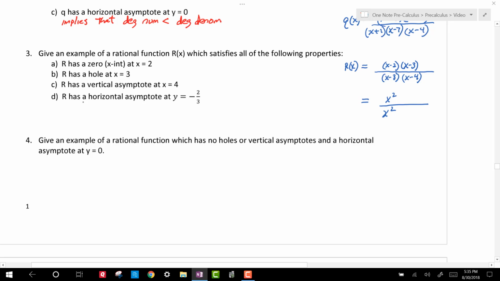Because D says that R has a horizontal asymptote at y equals negative 2/3. So this is what I need to see when I get done, negative 2 over 3. Guess what? All I have to do is put a negative 2 over 3 in the front, and I now have a horizontal asymptote at y equals negative 2/3. And I'm done.